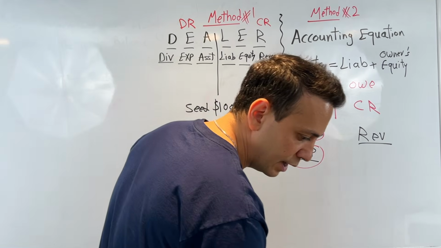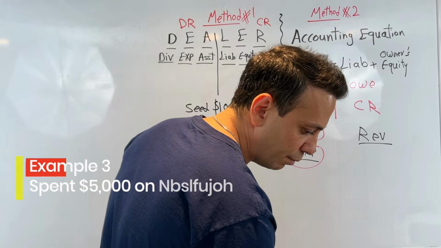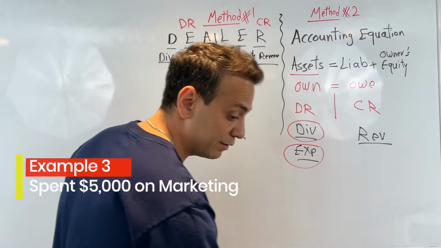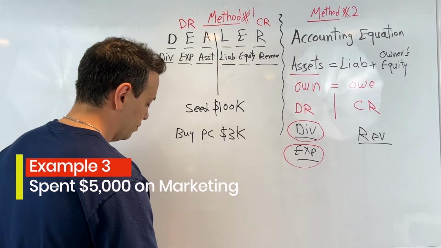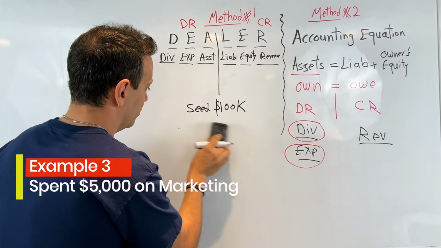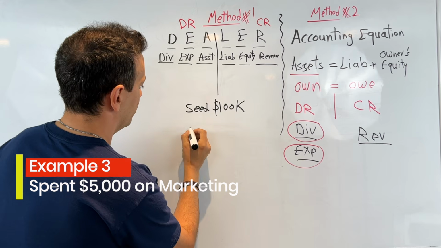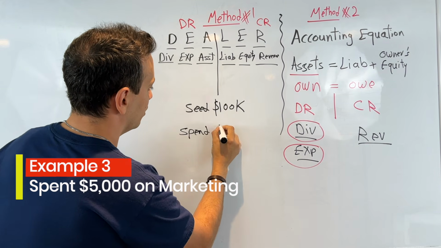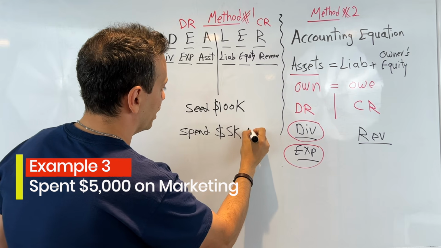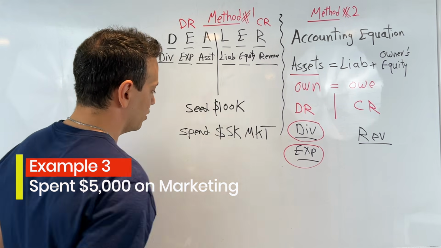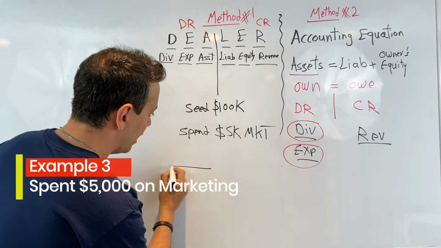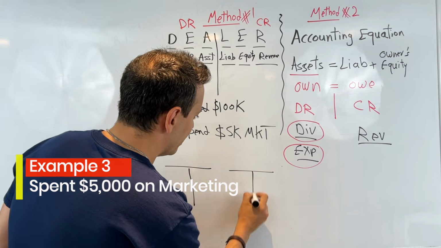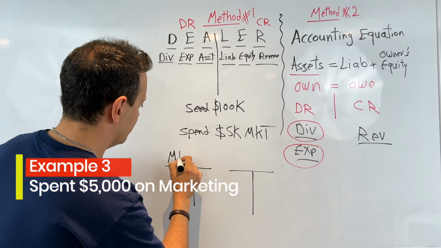What do we got? We spent $5,000 on marketing. So spend $5,000 marketing expense. All right, so you got the T accounts. You have an expense, which is marketing expense.